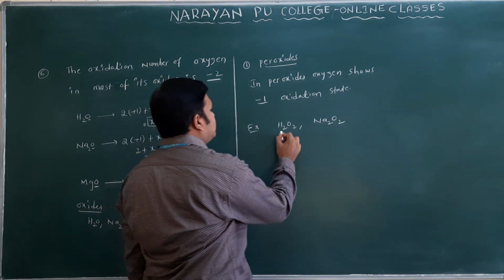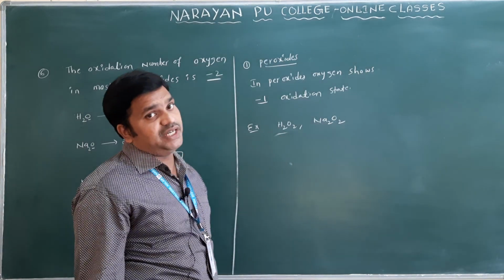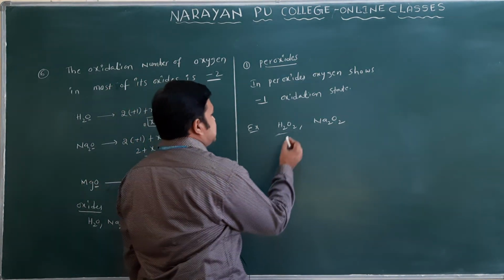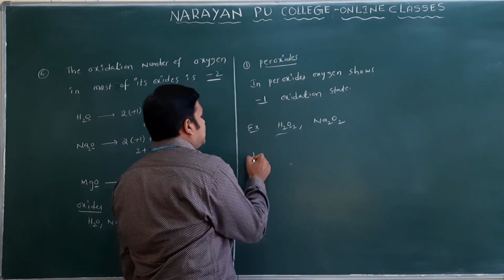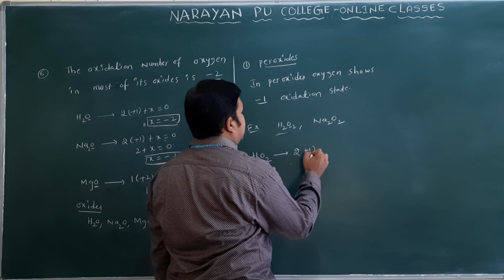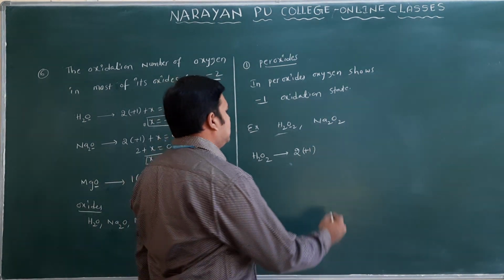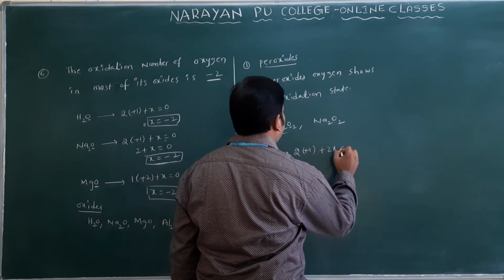If you take H2O2, how can you find the oxidation number? You have to find oxygen. Just underline this element. In H2O2 we have 2 hydrogens. Hydrogen belongs to the first group, its oxidation number is +1, so 2 plus 2x is equal to 0.